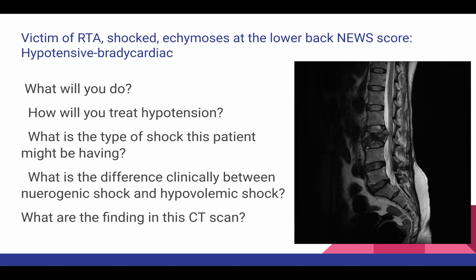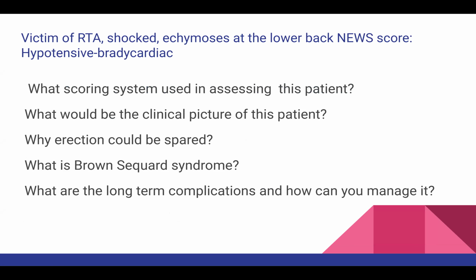What are the findings given in the CT scan? There is an L2 compression fracture with spinal cord compression. Can you tell me about the scoring system used in the assessment of this patient?